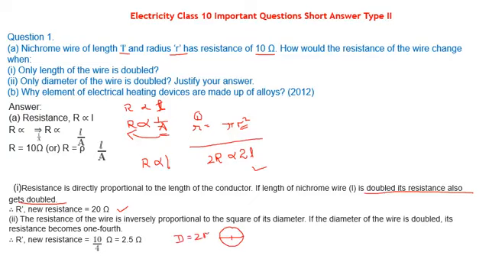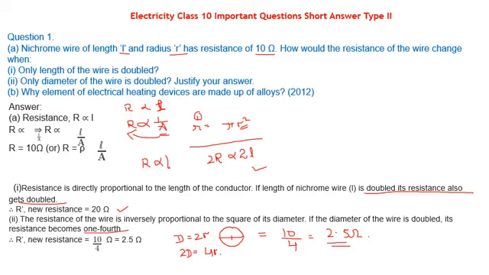If I am doubling the diameter, making it 2d, then definitely the area becomes 4 times, that is, my area of cross section is increasing 4 times, right? So what happened to the resistance? 10 divided by 4 will be 2.5 ohm, right? So the resistance of the wire is inversely proportional to the square of the diameter. If the diameter of the wire is doubled, its resistance becomes 1/4. You can see the resistance has become 1/4.